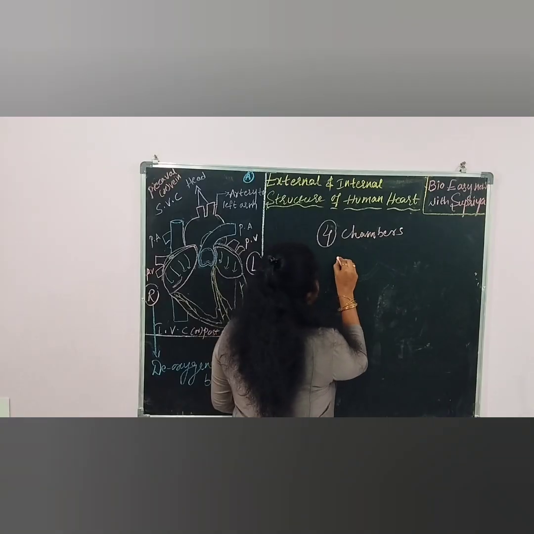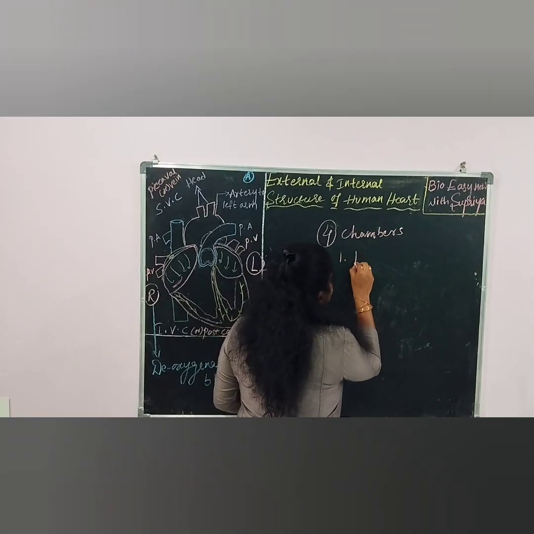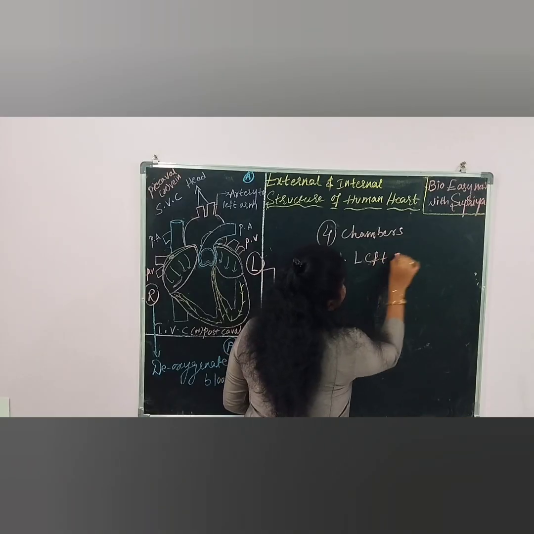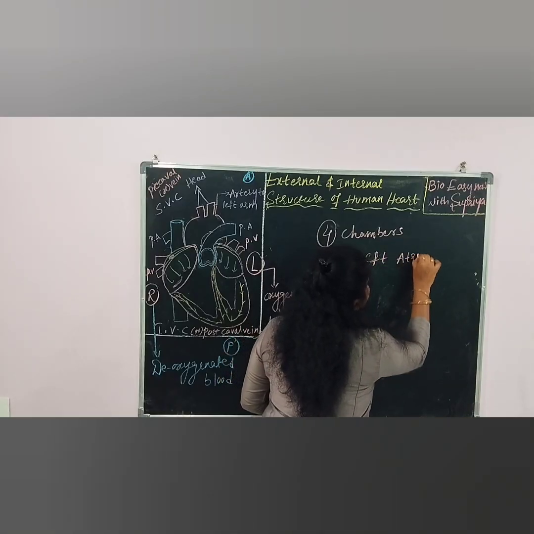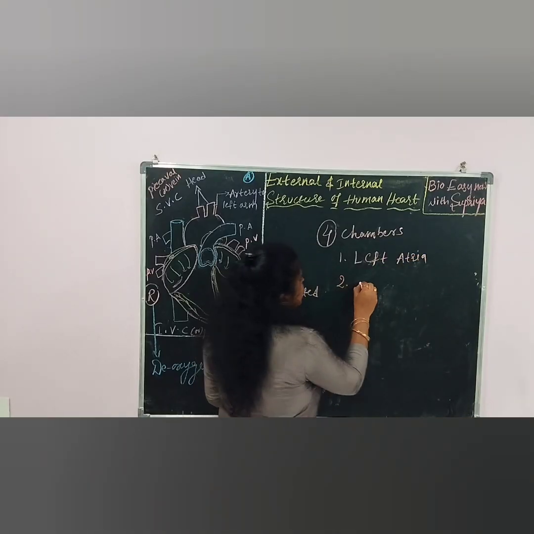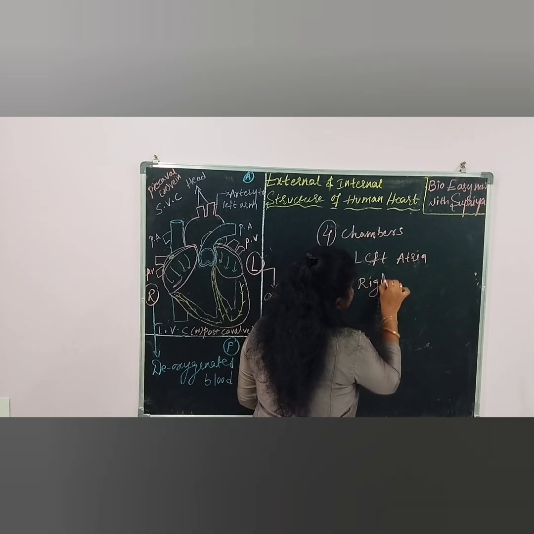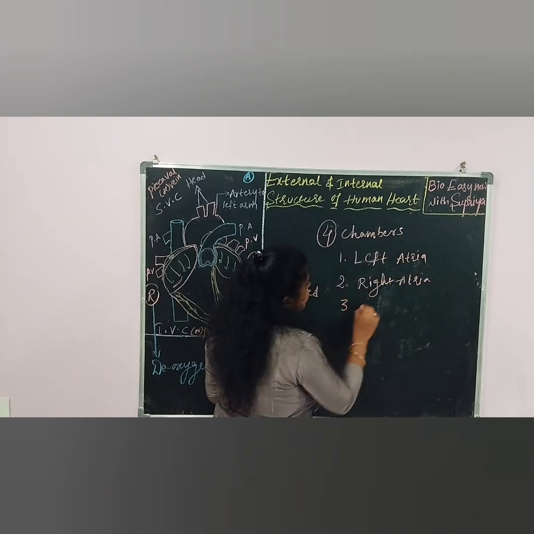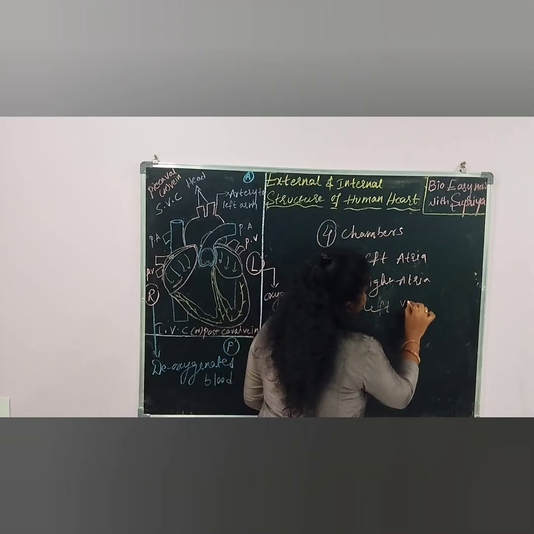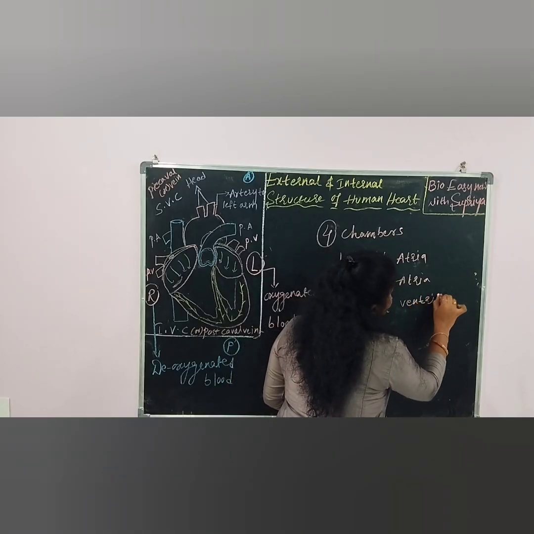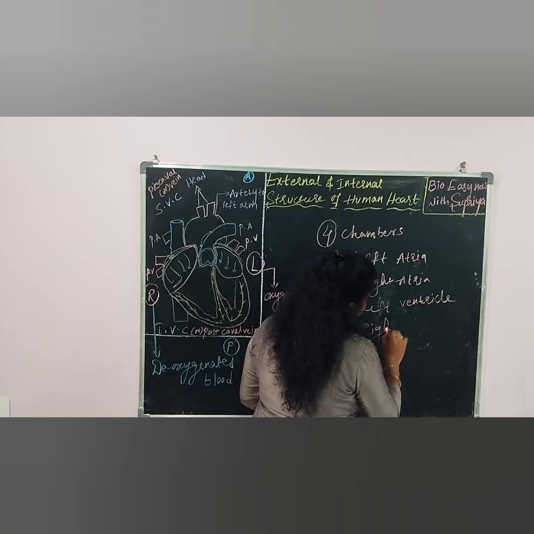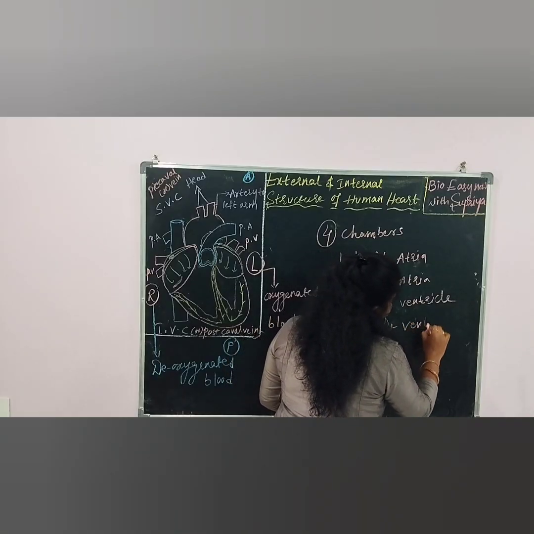The 4 chambers: first, left atria; second, right atria; third, left ventricle; and the fourth one, right ventricle.